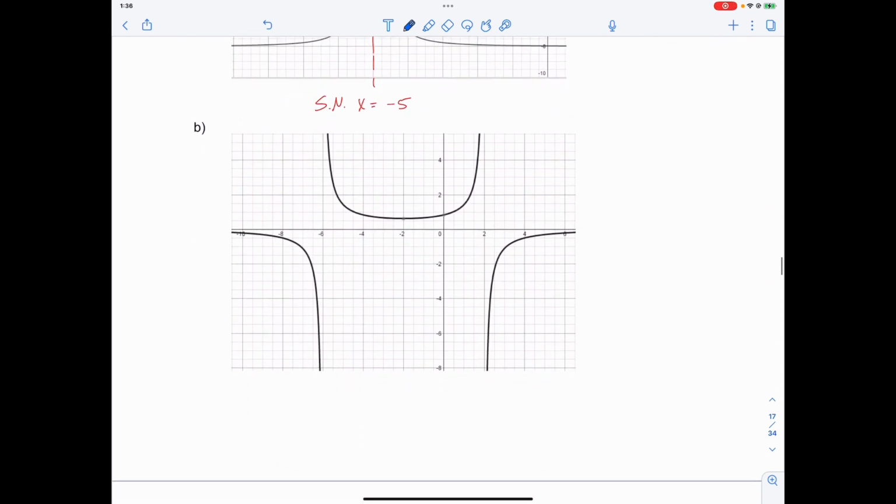When I apply it for the second graph here, I have a vertical asymptote at x equals negative 6. I have a vertical asymptote at x is equal to 2.